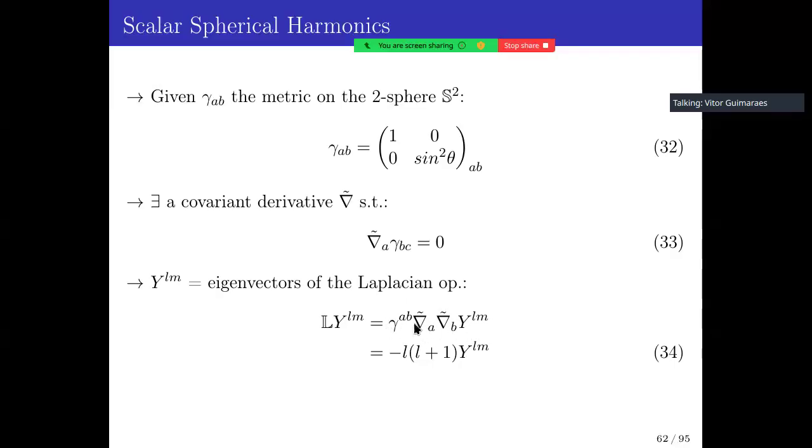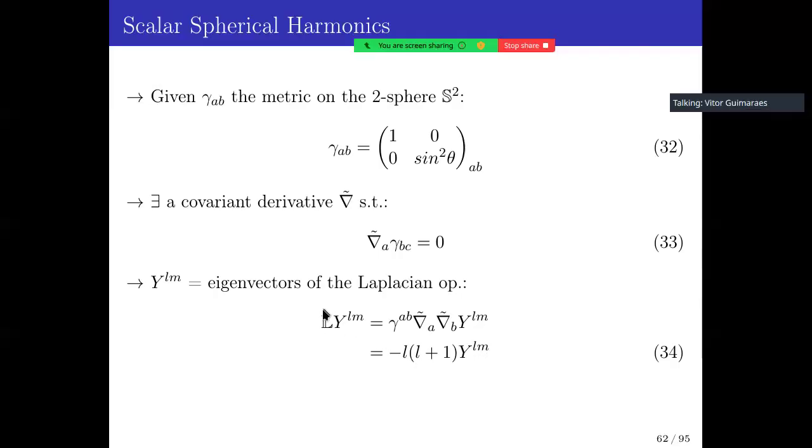Which is the second covariant derivative of this scalar function, and this is equal to minus L, this number here, what we used to see in quantum mechanics as these quantum numbers, right?